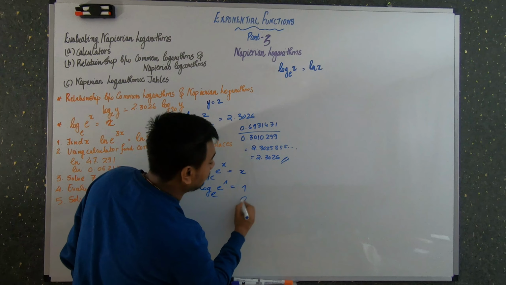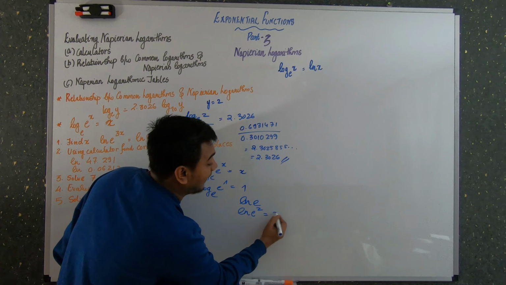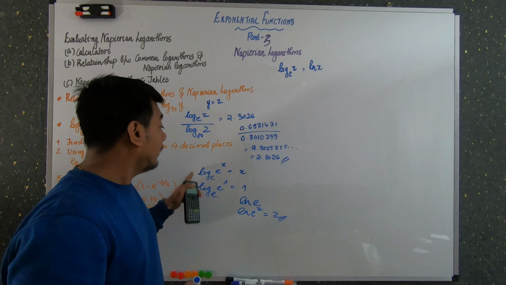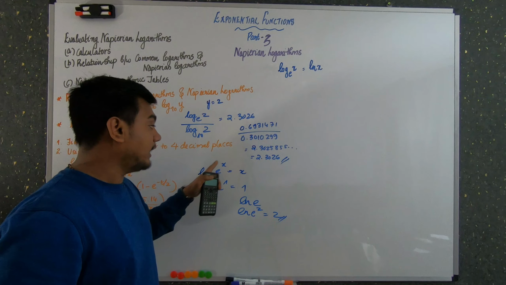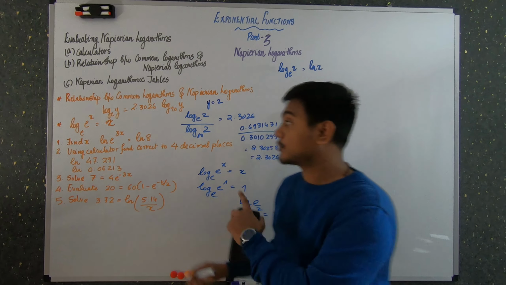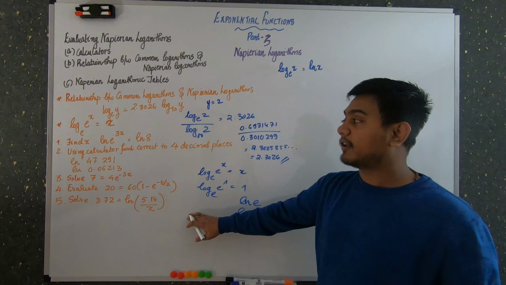If you check ln of e squared, the value would be 2 itself. So from this you can say that log to the base e of e raised to x is the same as x. This will be very useful for your further problems, and that's why I have discussed it here.